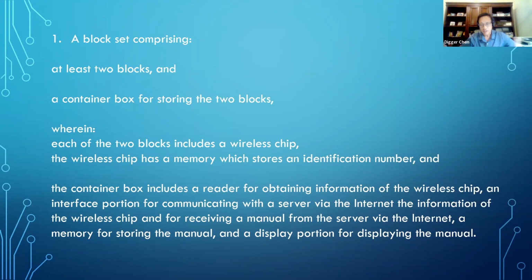And the third, does it have a wireless chip, a memory in there, an identification number? Oh, the third element is also met. And then the fourth element, we see how the products communicate with the container box and with the two blocks. If all these four elements are met, then we can say your product infringes my claim here.